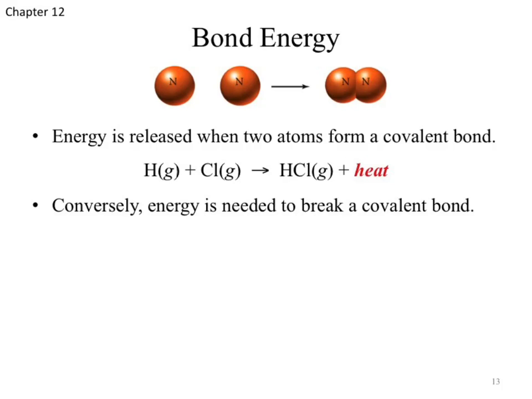So now what we're saying is we take HCl and I want to split it into my hydrogen and my chlorine. Where should the heat show up now? Well, where did the heat show up in the previous equation? Where did the heat term show up? We could say it showed up in the product. So does that mean I should write it in the product here?